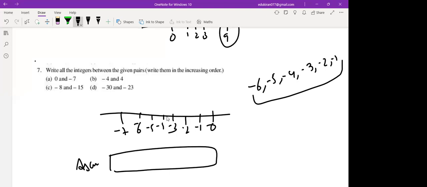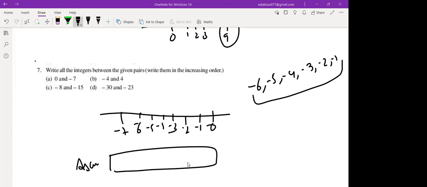Anyone who did this mistake in this? Okay. Now the next one, who will tell me? Ma'am, can I say?